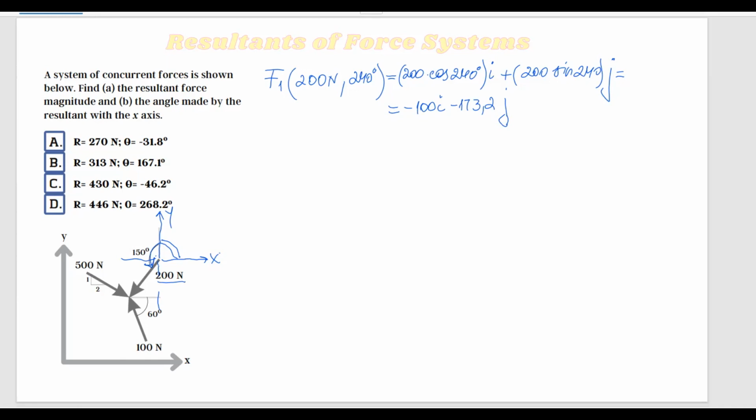Next, force number 2, let's go to the 500 Newton force. We're given the slope and the force. And if you don't know how to write the components of this force when you're given the slope like that, this is a good way for me to explain it for you.